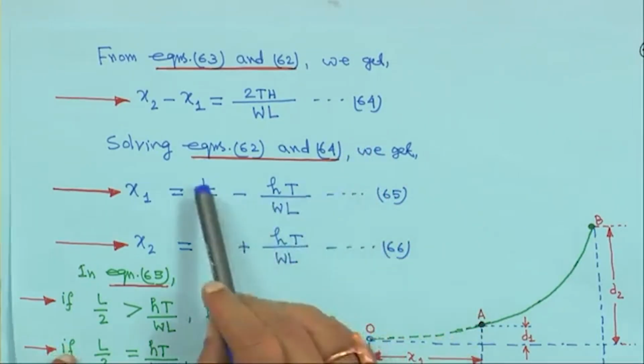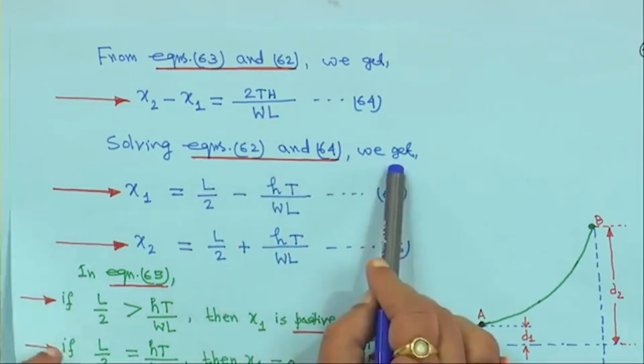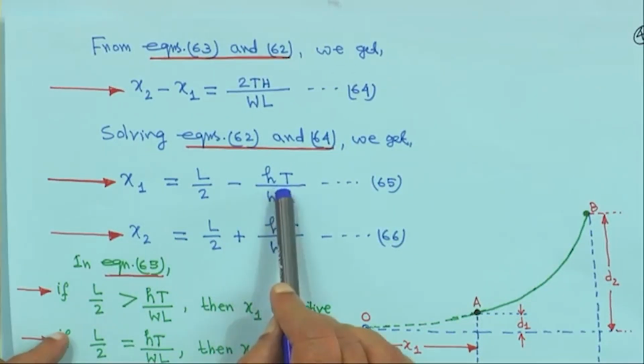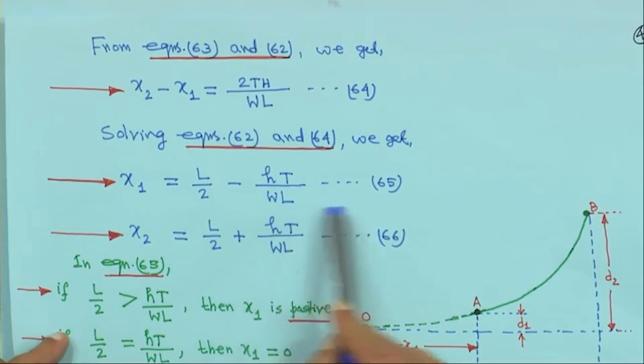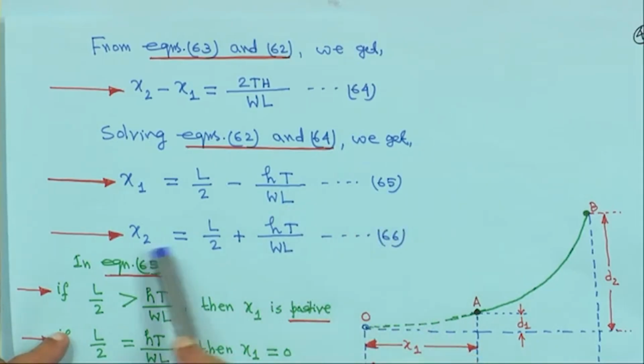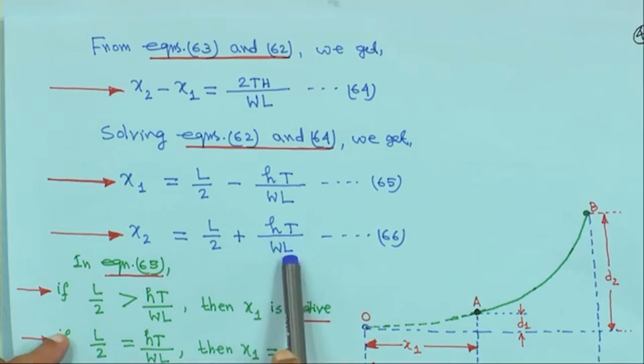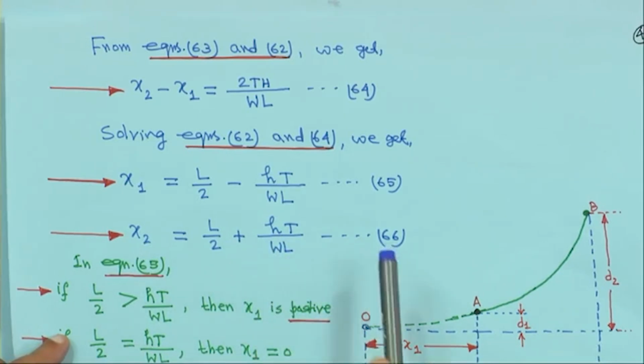So solving equations 62 and 64, you get x1 equal to L by 2 minus ht upon wL, this is equation 65, and x2 equal to L by 2 plus ht upon wL, this is equation 66.